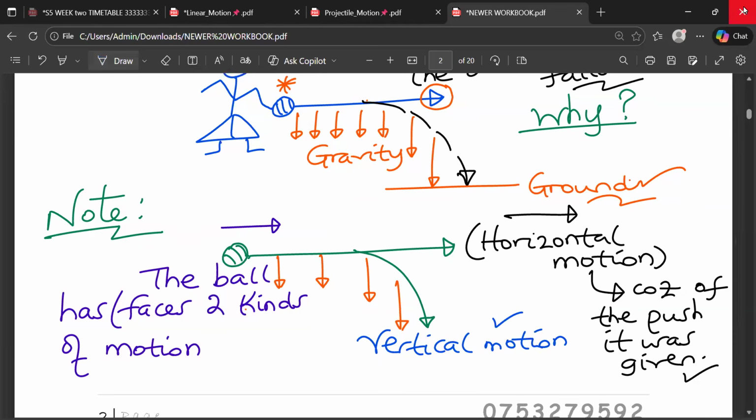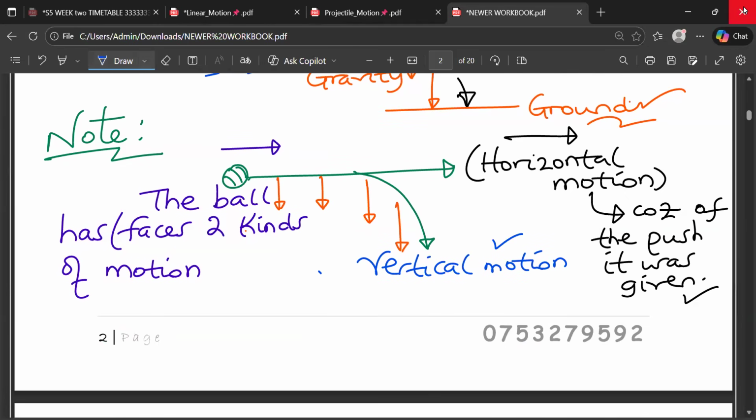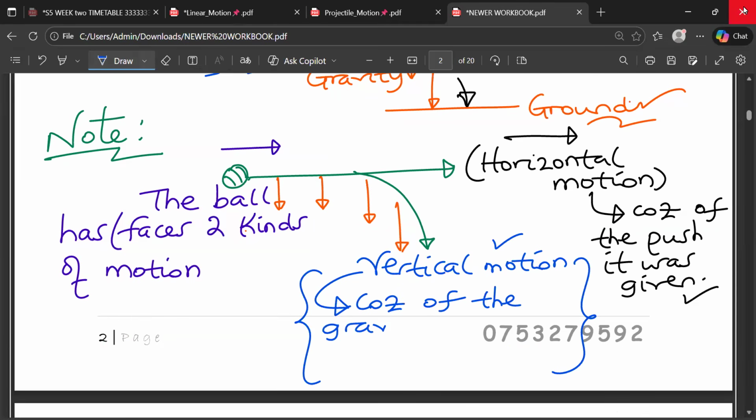Then the other motion the body undergoes is the vertical motion. And what causes this vertical motion? The gravity. So that vertical motion is because of the gravity that acts immediately after the push.